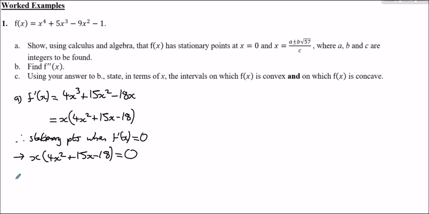So therefore either x is equal to 0, so that's one solution which we needed to show, or it may be the case this quadratic here is equal to 0.